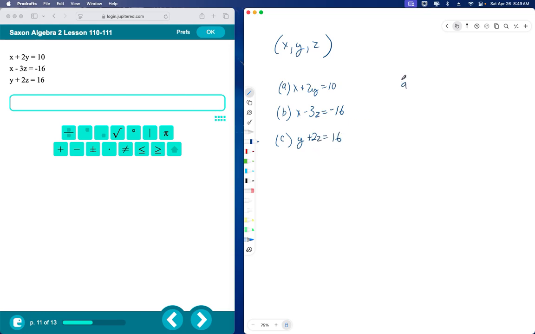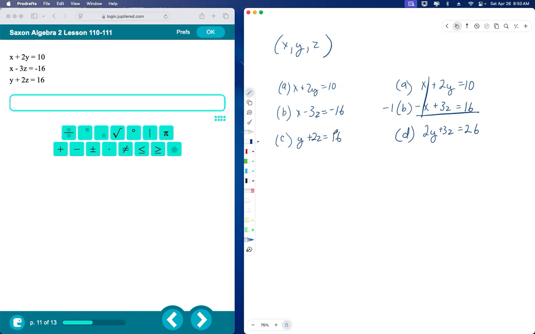So I'm going to take A, x plus 2y is equal to 10. And I'm going to take B and multiply it by a -1. And that's going to be negative x plus 3z is equal to a positive 16, because I just changed all the signs. That allows this to cancel. I get 2y plus 3z is equal to 26. That's going to be my D equation. Now, C has a y and a z.